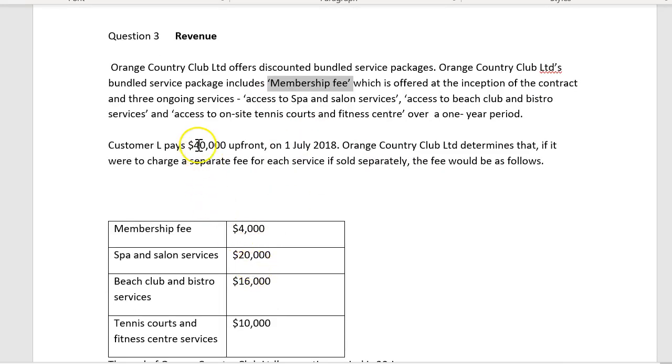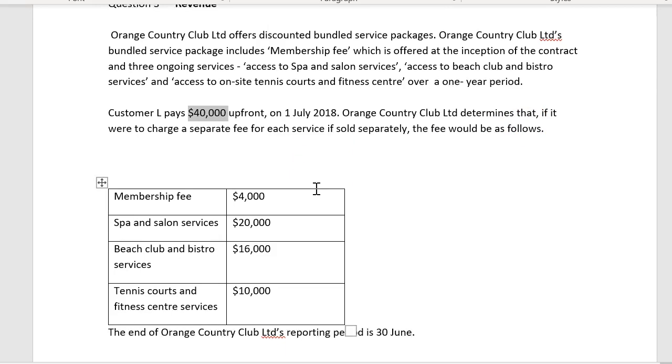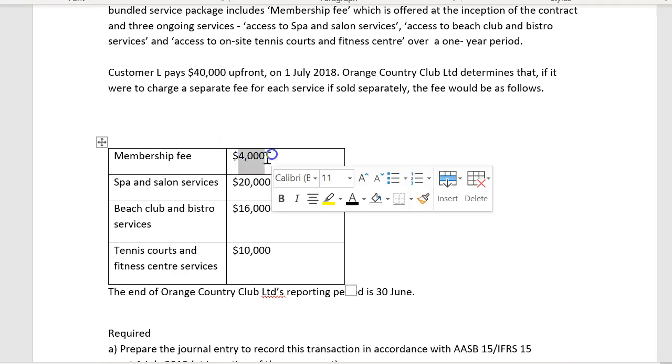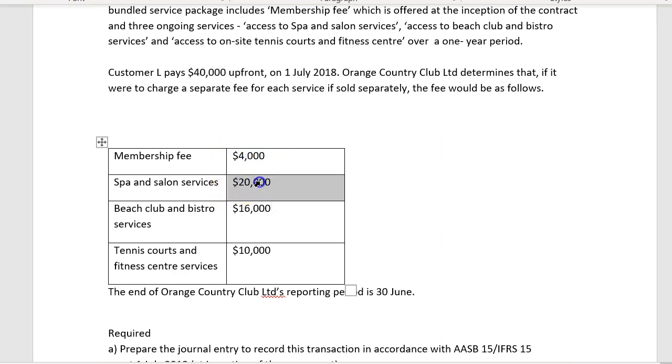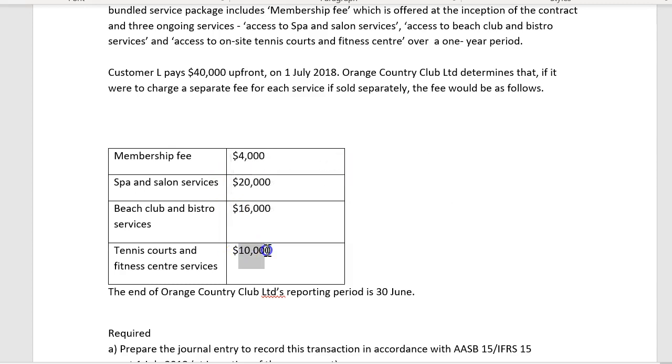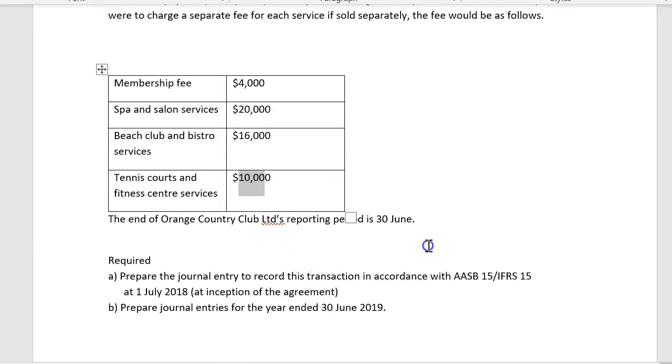Customer L pays $40,000 upfront on 1st of July 2018. Orange Country Club determines that if it were to charge a separate fee for each service, sold separately, the fee would be as follows. Membership fee is $4,000, spa and salon services $20,000, beach and bistro $16,000, tennis courts $10,000.